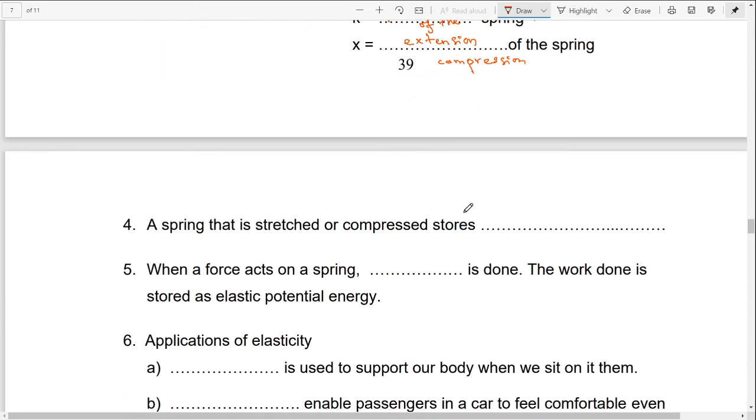Alright, so when a spring is stretched or compressed, then we say the spring stores elastic potential energy. Throughout I'll be using E sub S to represent my elastic potential energy.